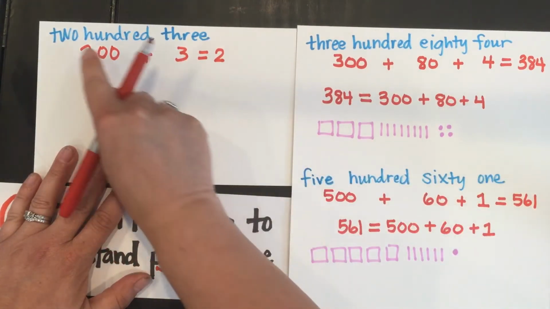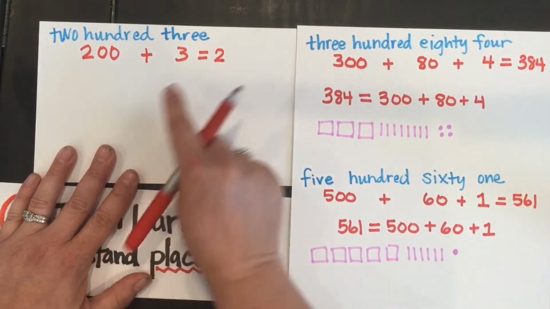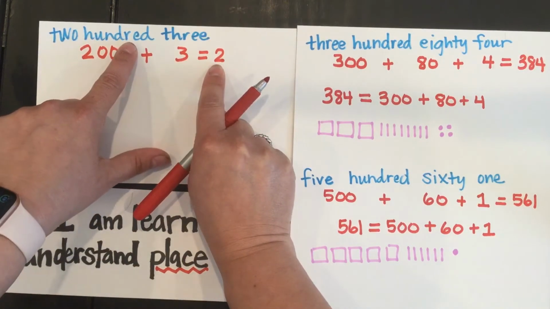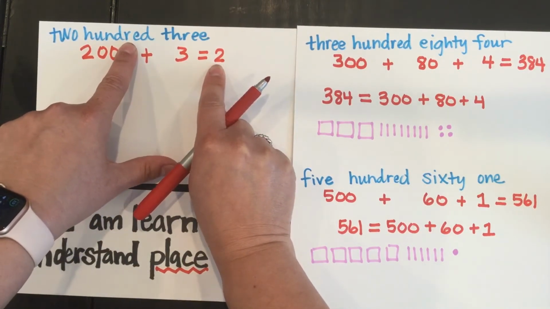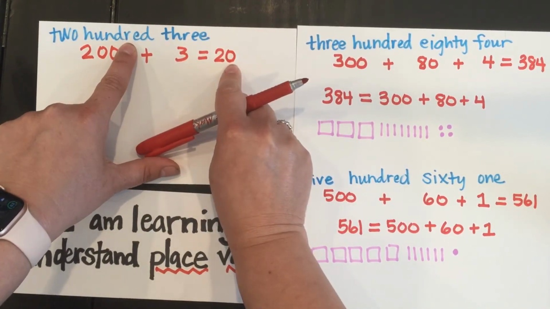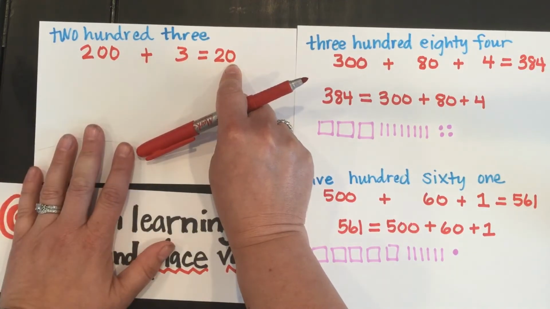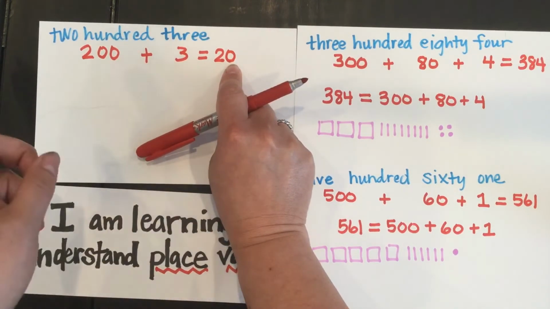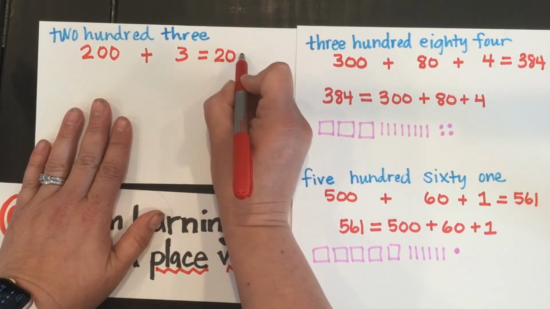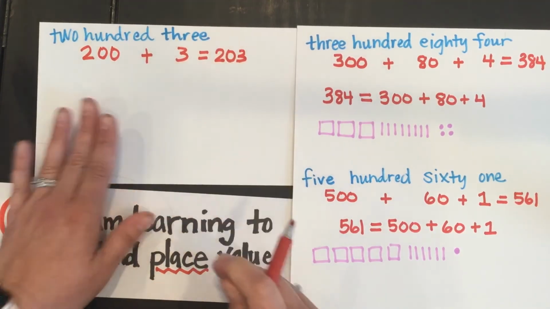Well, there are tens, but they're just hiding in my hundreds, right? So I would say, let's see, 200, that's the same as 20 tens. So I have a 0 there in my tens place to show that my place value picture doesn't have any 10 sticks. The 10 sticks are hiding in my 100 mat. So I have 200 or 20 tens and 3 ones.